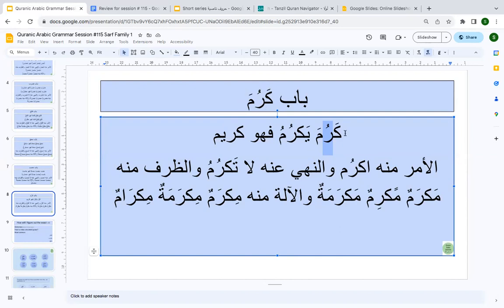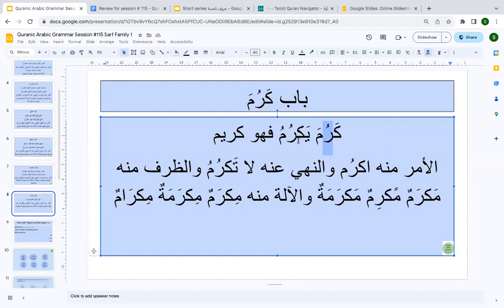Bab karuma. Okay? When your ainul kalima in past tense has dhamma, there is only one option, and the option is bab karuma. If you see a word with dhamma on ainul kalima, babe kaf or babe karuma.